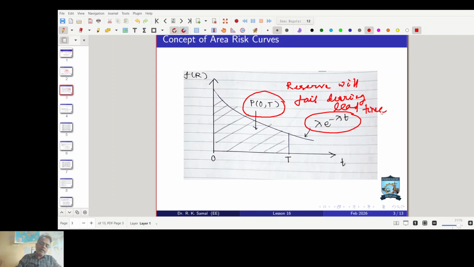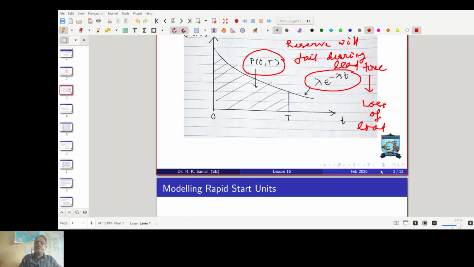If it fails, then there will be loss of load. In that case, because the system demands it, there will be loss of load, and this probability we are computing.